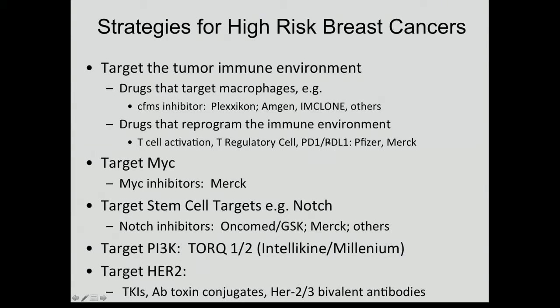The PD-1 and PD-L1 receptor and ligand is the most effective at the moment, but there are others that target particular types of cells in the microenvironment of a tumor tissue. MYC is one of the genes, stem cells, certain PI3 kinase pathways, and the HER2 family, and there are many more. So you need to come up with a system to efficiently test all these drugs in patients.